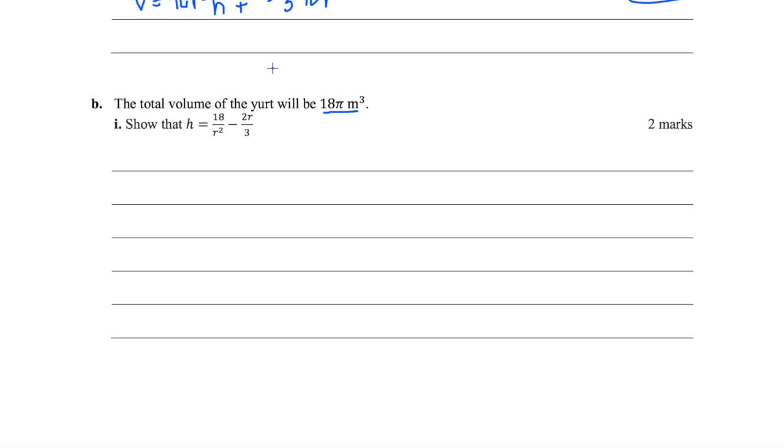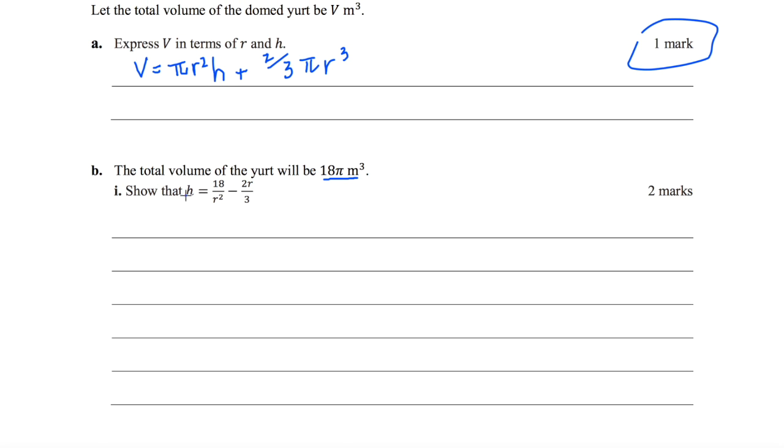Show that h equals 18 on r squared minus 2r on 3. Well, we know that the volume is 18 pi. So using the equation from above, we know the volume is 18 pi, and that must be equal to pi r squared h plus 2/3 pi r cubed.